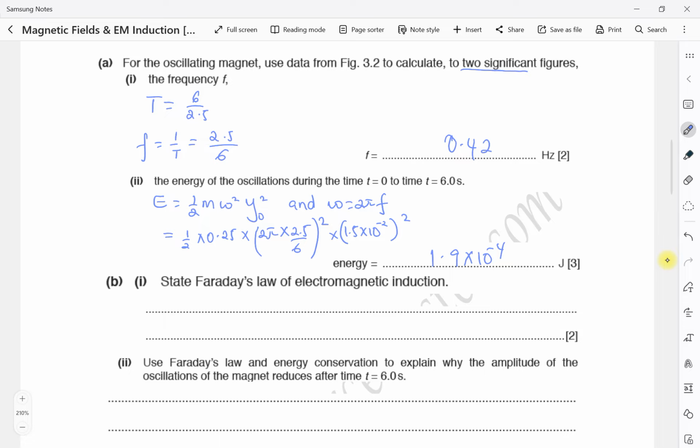State Faraday's law of electromagnetic induction. We have already mentioned that Faraday's law deals with magnitude.